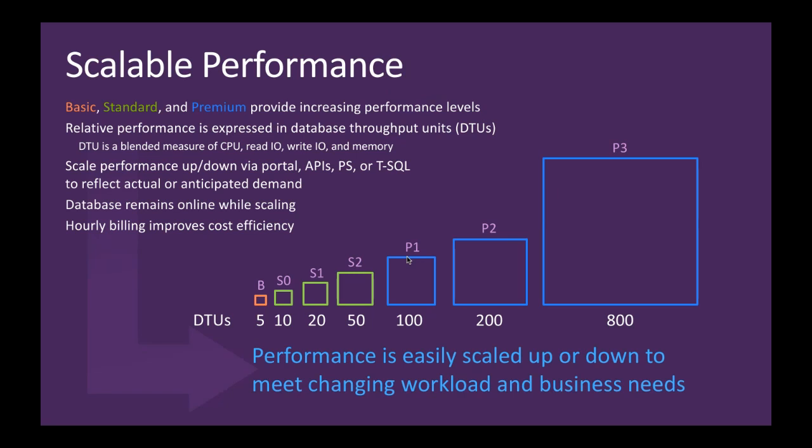It's a metric or a ratio between the CPU, IOs, and also your memory. So with the basic 5 DTUs, they're giving you a certain amount of computation power and also memory. If you increase the CPU based on the DTUs, you also increase the memory and the IOs.